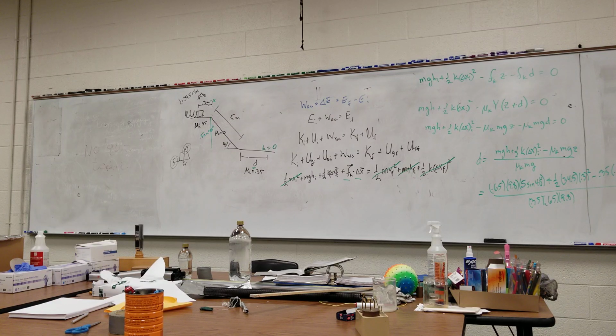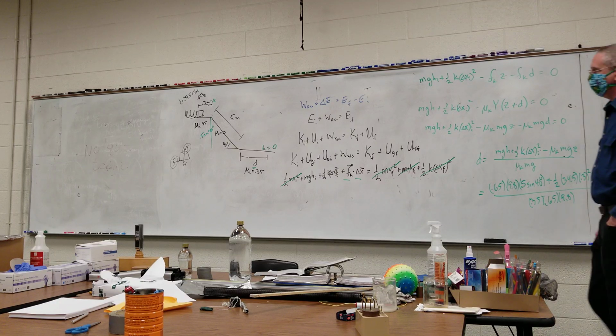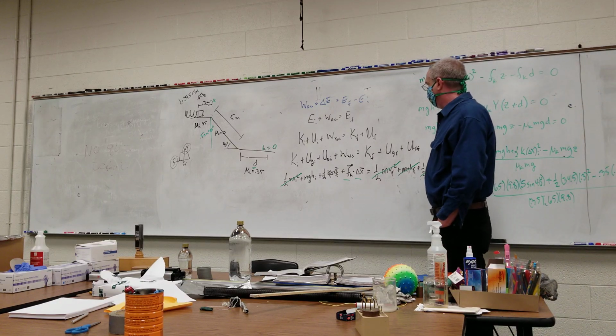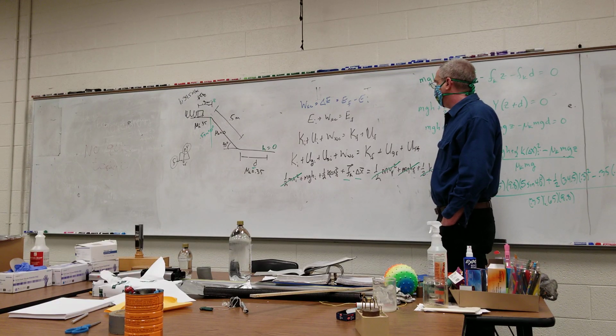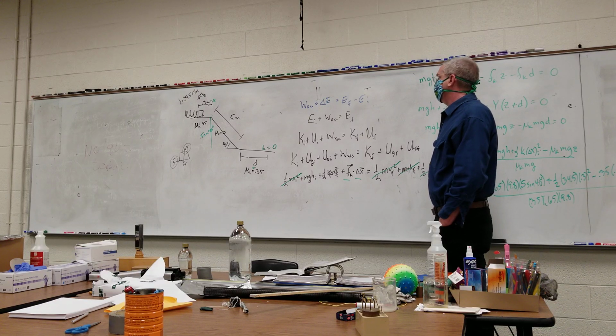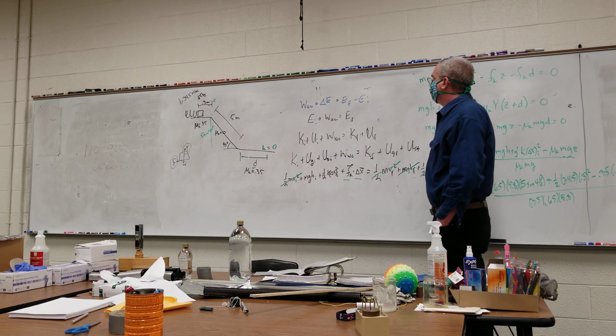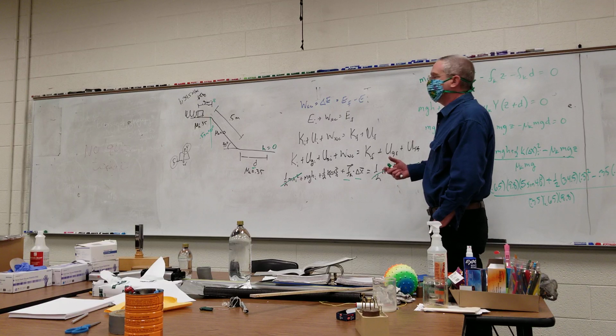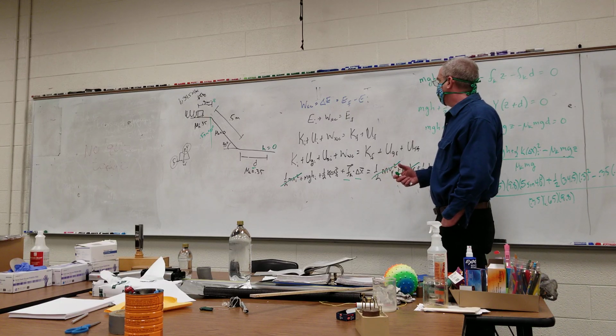Okay. The textbook has a different equation for this. It says that Ki plus U sub I plus total work equals K sub F plus U sub F plus the change in internal energy, which is the friction part.